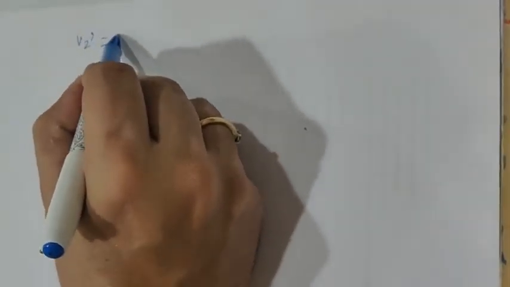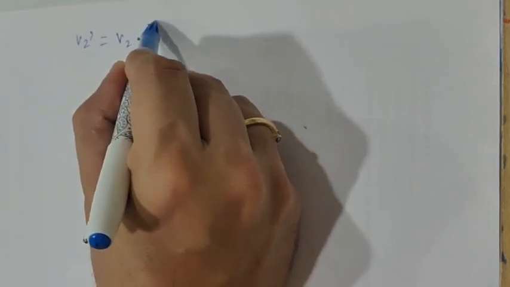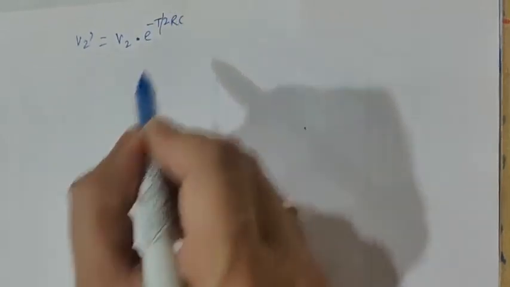Okay, remember we need to sketch the output waveform. So for sketching the output waveform we are calculating this. Now to calculate the value of V2 dash, let us start with it. So what is V2 dash? V2 dash is nothing but V2 into e to the power minus t by twice RC.